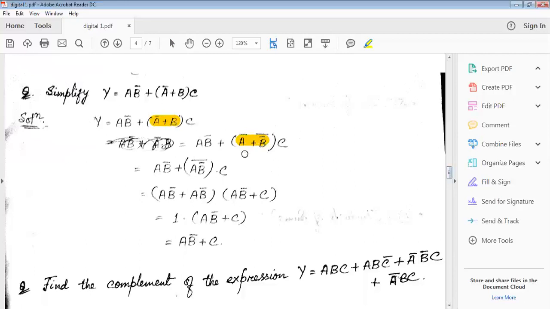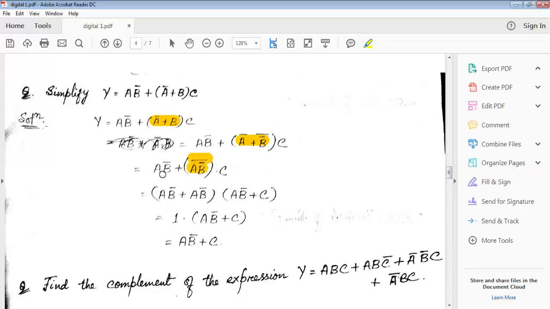I have just expressed B as B double bar. Complement of complement becomes the same, so I can write B double bar in place of B. Now I've applied the first theorem of De Morgan's, that A bar plus B bar equals AB whole bar. So in that case, AB bar whole bar.